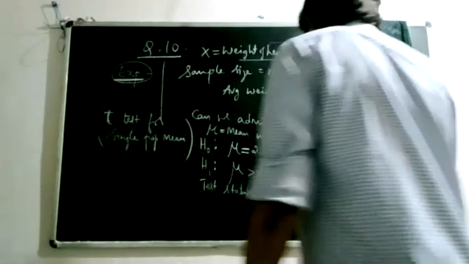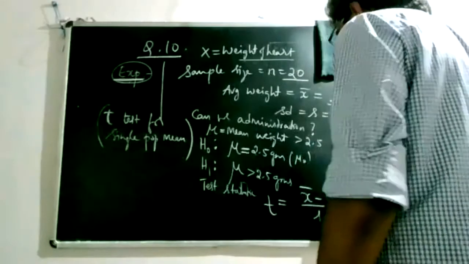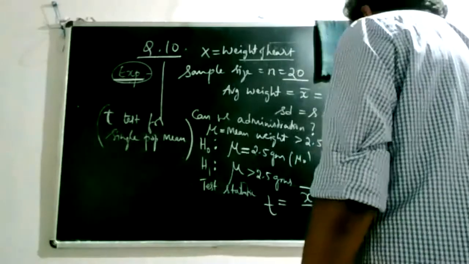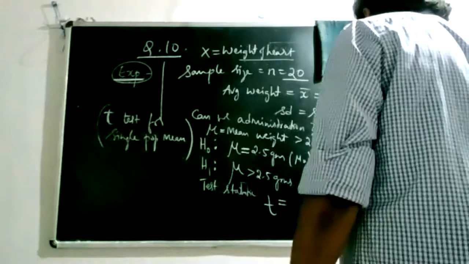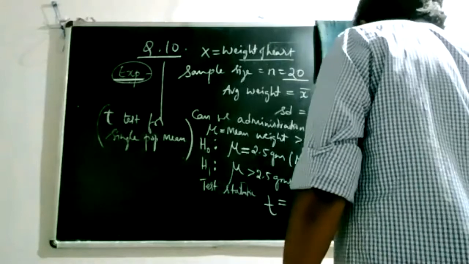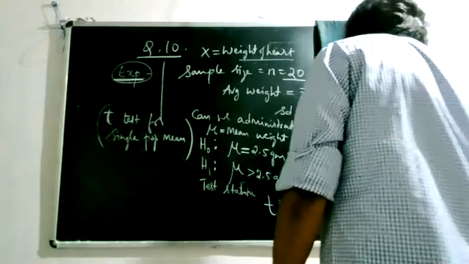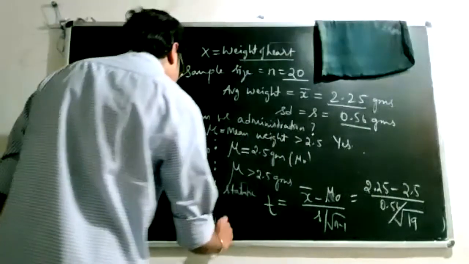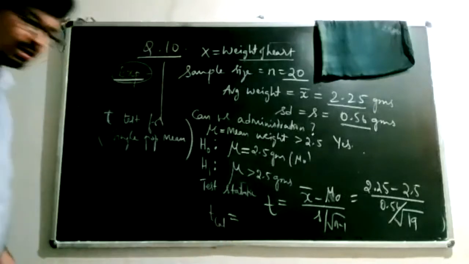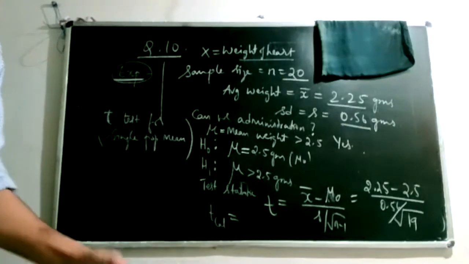Generally we take the hypothesis value as mu naught. So x bar is given as 2.25, mu naught is 2.5, s is 0.56, n minus 1 is 19. Simplify that and write that as the t cal value.